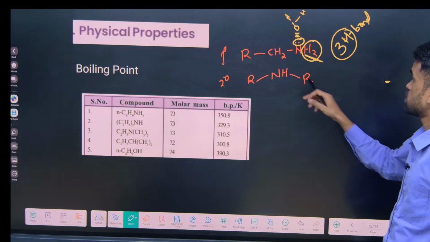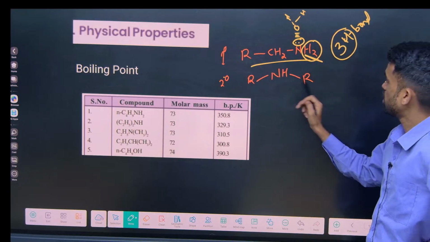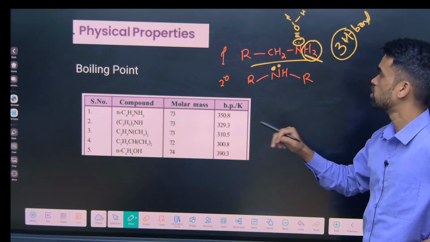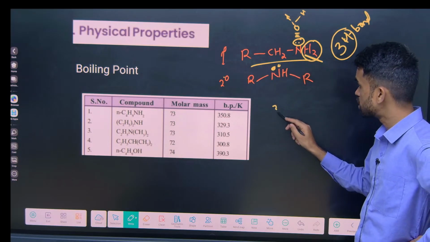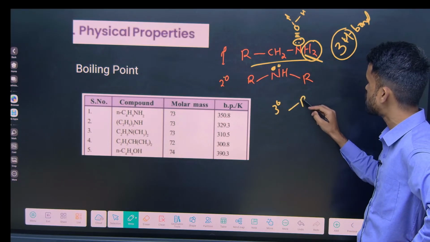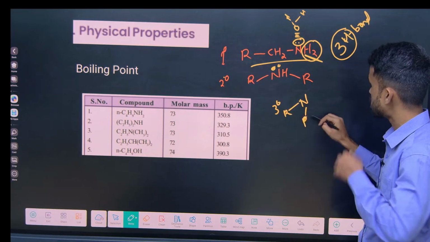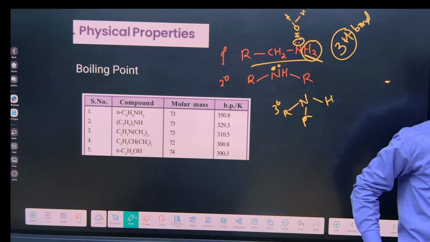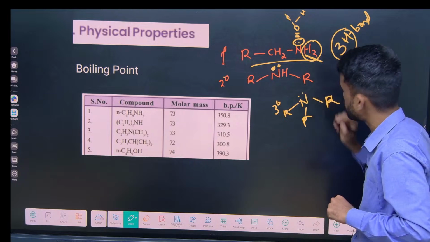So the maximum number of hydrogen bonds possible in primary amines is 3, but a secondary amine can make a maximum of 2, one using the lone pair and another by hydrogen. A tertiary amine can make a maximum of 1, because it has no directly attached hydrogen; all are alkyl groups with one lone pair.